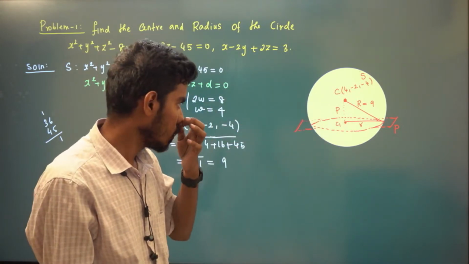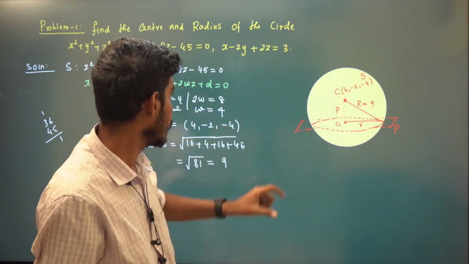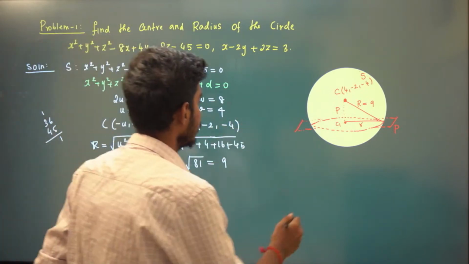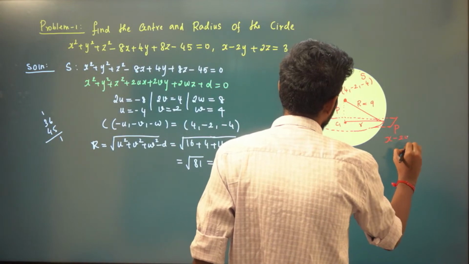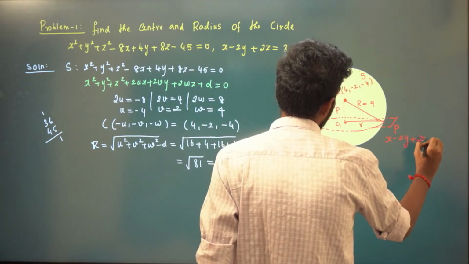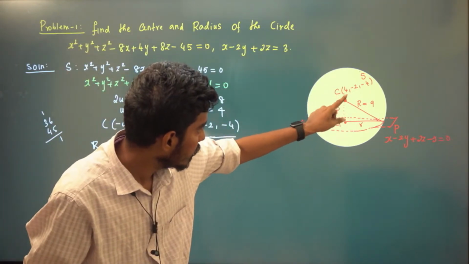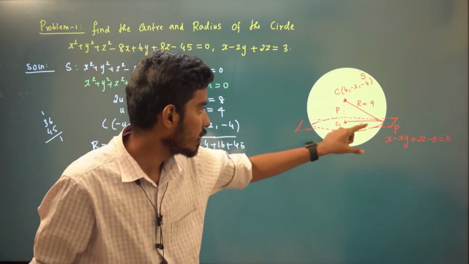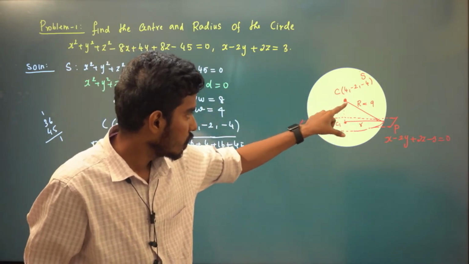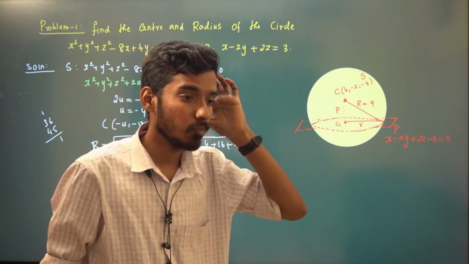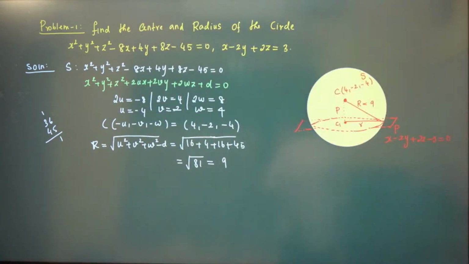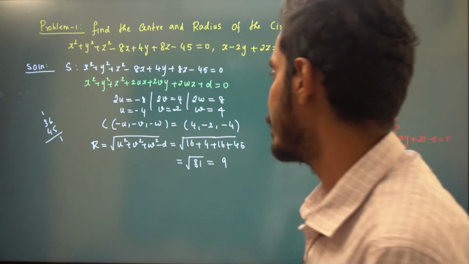We know the equation of the plane, x − 2y + 2z − 3 = 0. So just find the length of the perpendicular from this point to the plane; you have already done this. That will give you p. You already know capital R, so find small r by Pythagoras theorem.